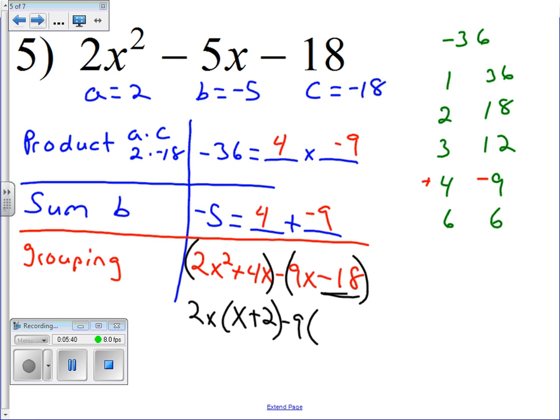And that's going to give me a positive x here. Negative 9 and negative 18 will give me a positive 2. So my common factor that I have is x plus 2. And then we get 2x minus 9, parentheses, x plus 2.